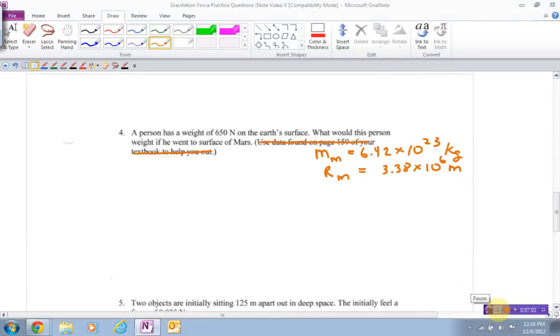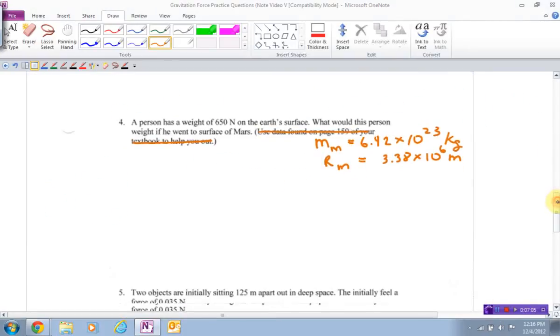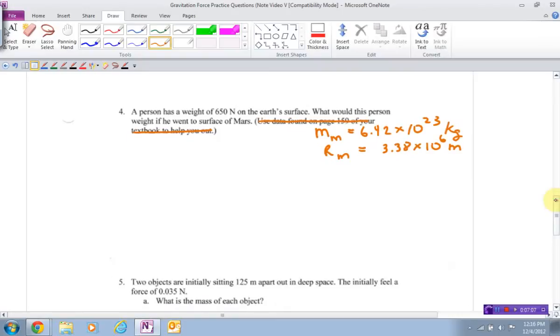Okay, so let's take a look at this problem now. We want to find out what a person would weigh if he went to the surface of Mars. And the only information I give you is the weight on Earth. Now that's important. We can get the person's mass if we know what his weight is. Remember, weight is force of gravity, and we divide that by the acceleration of gravity. Now we know that his weight is 650 newtons.